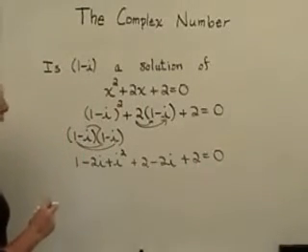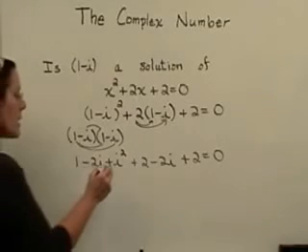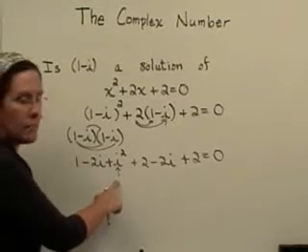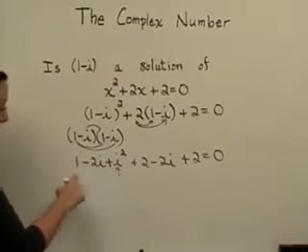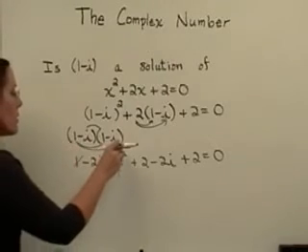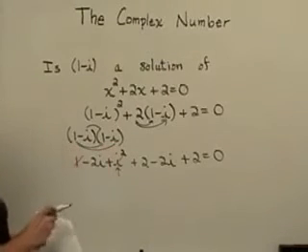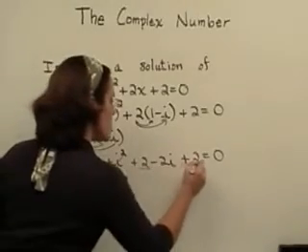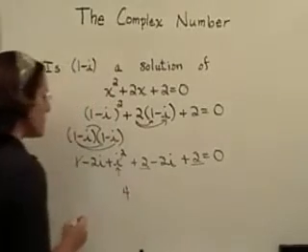Now I want to collect my like terms. I'm going to notice that this i squared, which is equal to a negative 1, can be added to this 1 and would give me 0. So I'm just going to cross those off. 1 and a negative 1 add to be 0. This 2 and this 2 add to be 4.